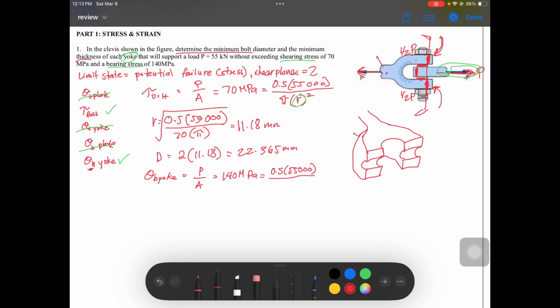So, this is our clevis. And ito yung yoke niya. Left and right. So, ano yung bearing area natin? Ito, diba? So, kung titingnan natin yung isang side, this side naman, yung kabila, ang magiging itsura niya ay, at dito nangyayari yung talagang bearing.